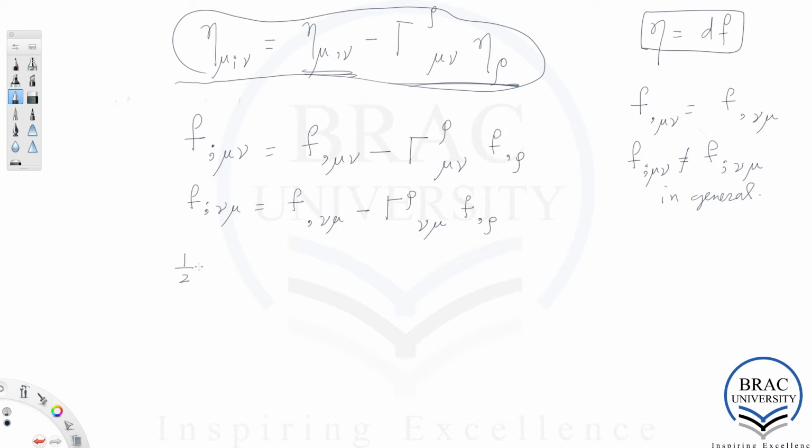Therefore, half of f semicolon mu nu minus f semicolon nu mu, from these two expressions we have negative 1/2 gamma rho mu nu minus gamma rho nu mu times f comma rho.